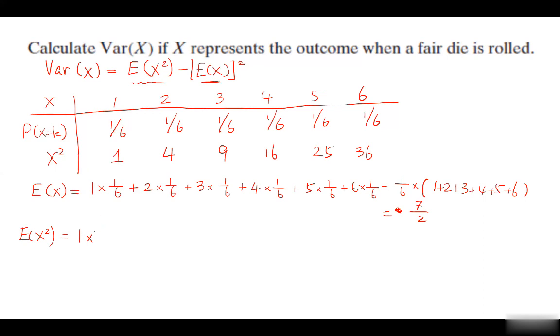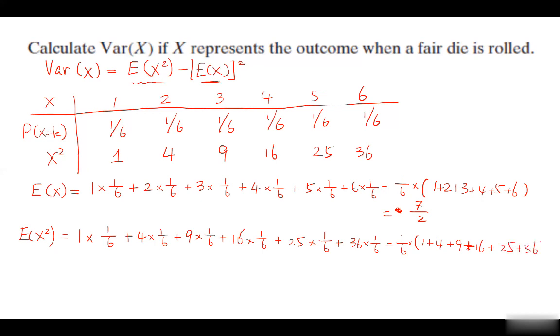So we can use 1 times 1/6 plus 4 times 1/6 plus 9 times 1/6 plus 16 times 1/6 plus 25 times 1/6 plus 36 times 1/6, which is 1/6 times (1 plus 4 plus 9 plus 16 plus 25 plus 36), right?